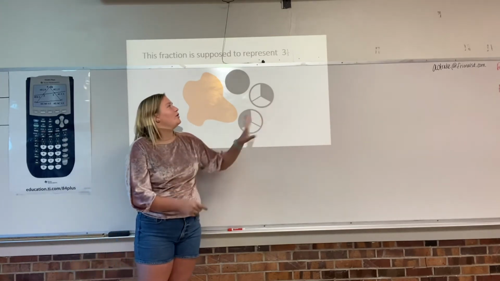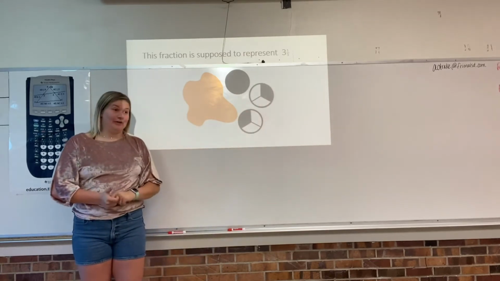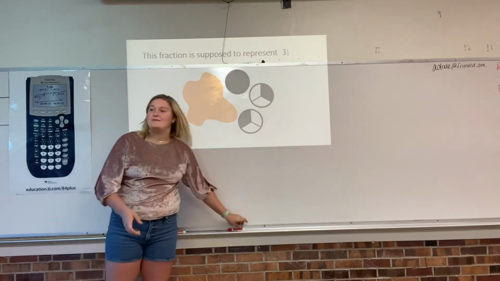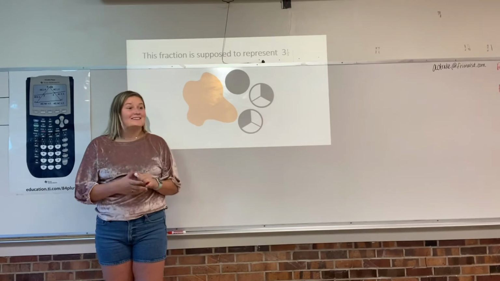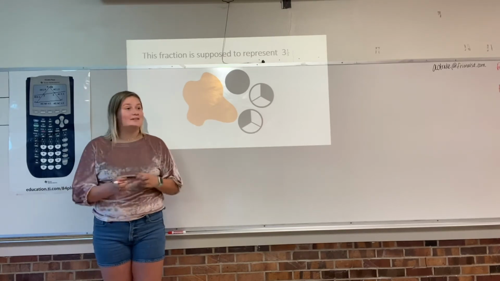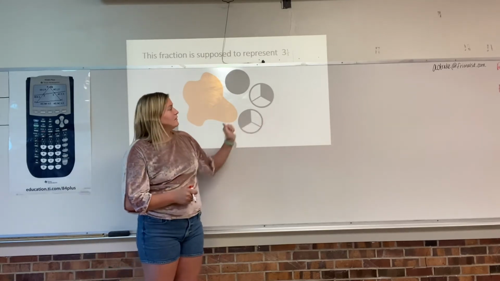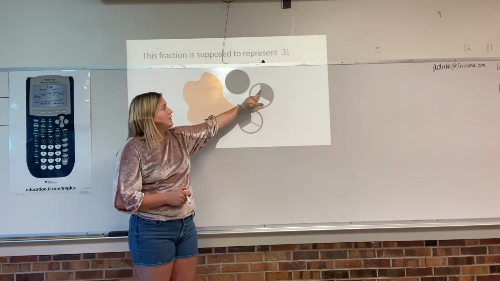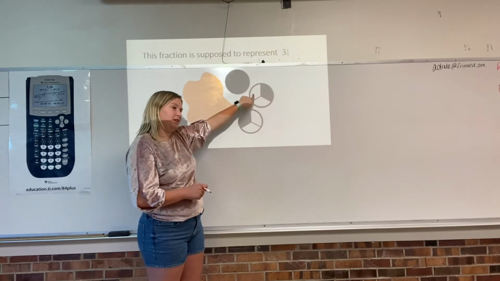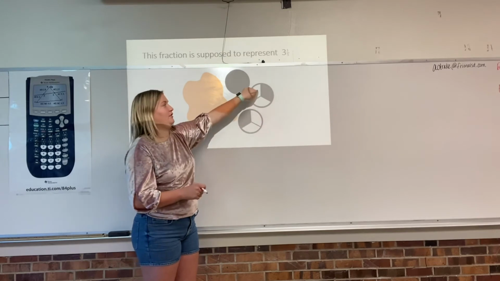So what are we missing from 1 2/3 to get us to 3 1/3? Does anybody have a way we can start figuring this out? How do we get another whole? Because there's supposed to be 3 wholes. So we have a third here, so if we want 3 wholes, what if we add a third here? Then we'll have another whole. We have to add 2/3, so we're going to add a third here.